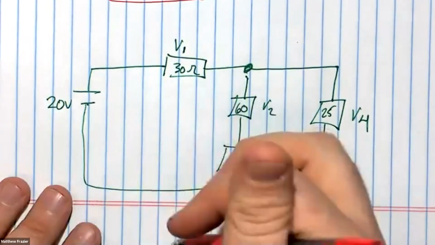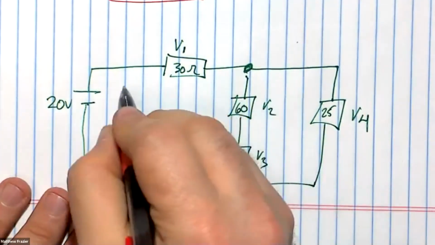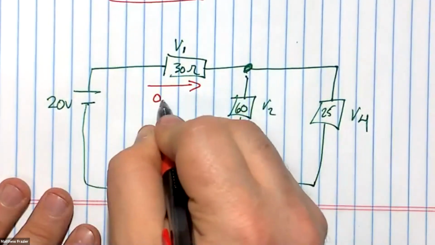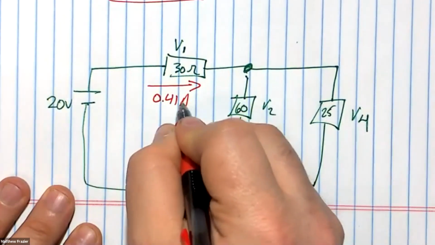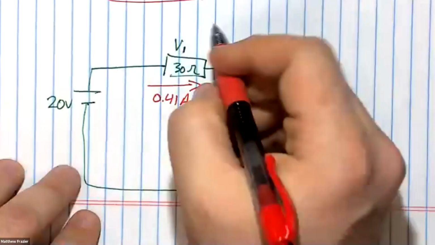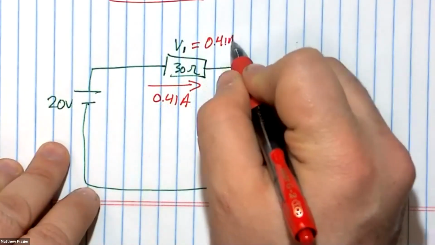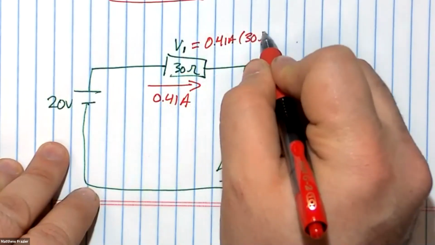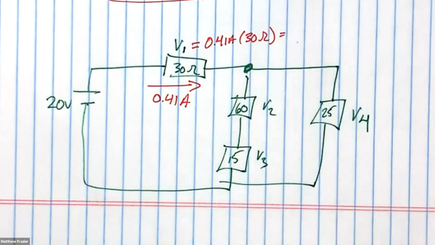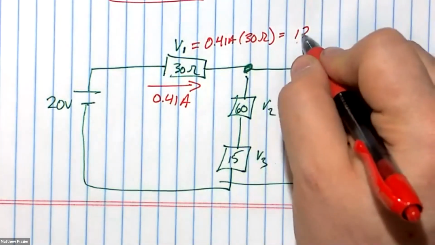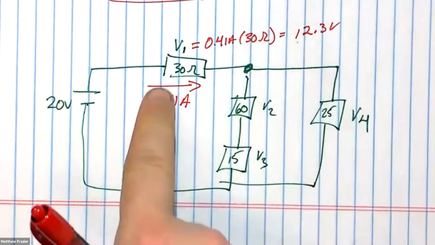All right. So V1 is 0.41 amps times 30 ohms, and that is 12.3 volts.